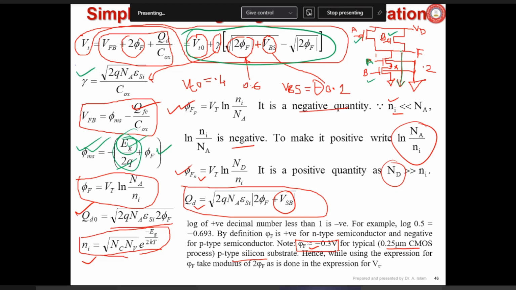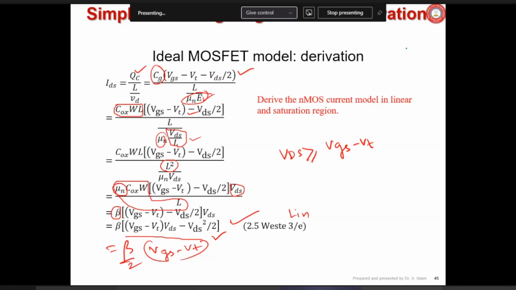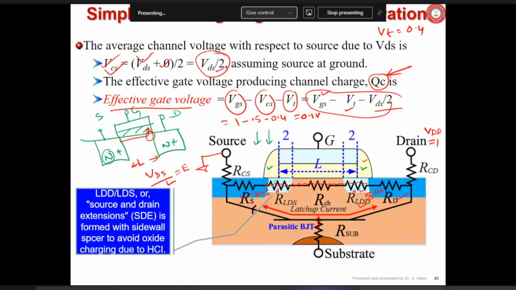Do you agree or not? Every MOSFET offers some resistance, and in the last class also you have seen in the channel, from the source contact to the drain contact, you are seeing various resistances, RS, RD, RLDS, RCH, RLDD, etc.